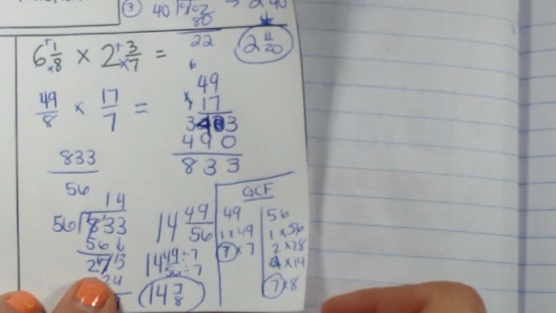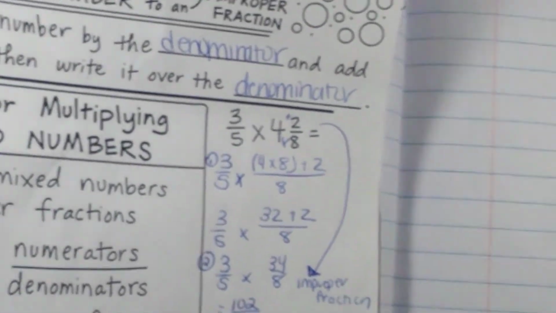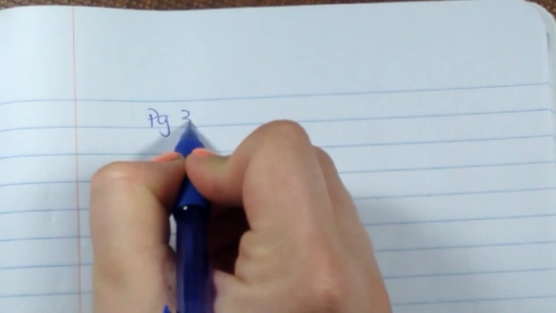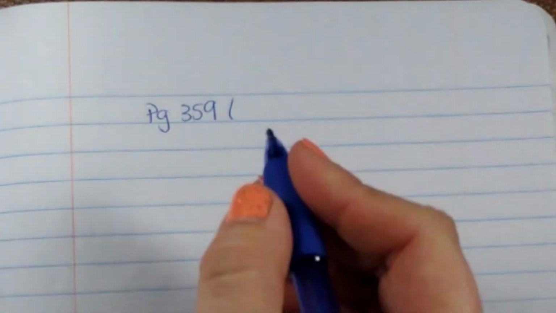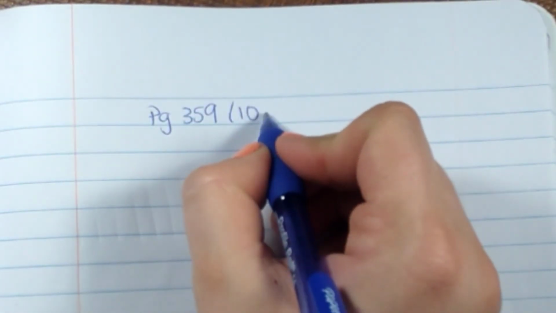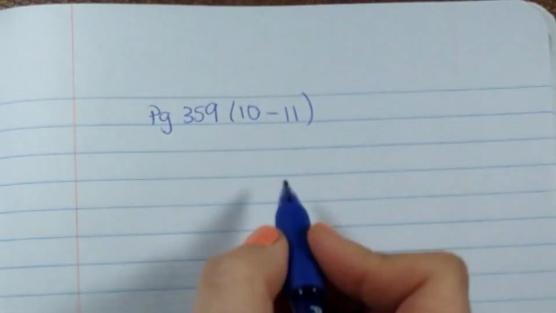Okay. I'm going to put this on my page and go over here. I'm actually going to be going to your textbook, on page 359. I'm going to be doing numbers 10 and 11.